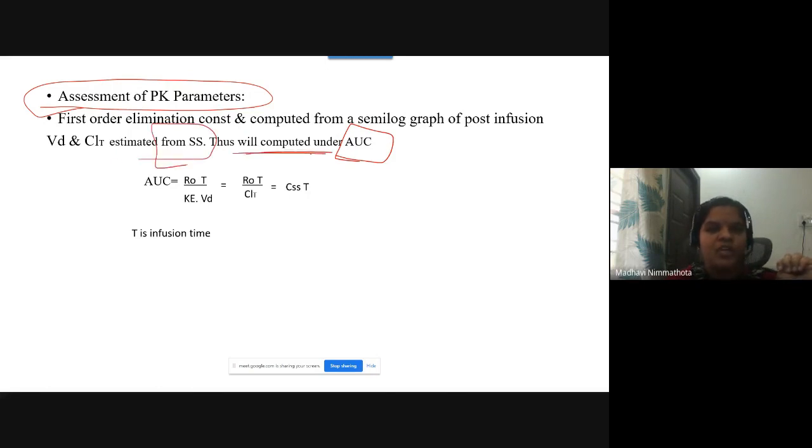Then AUC equals R0 into capital T, where T is the infusion time, divided by KE into VD. KE into VD we can write as clearance. So this is infusion plus loading dose and IV infusion and the calculation of R0.